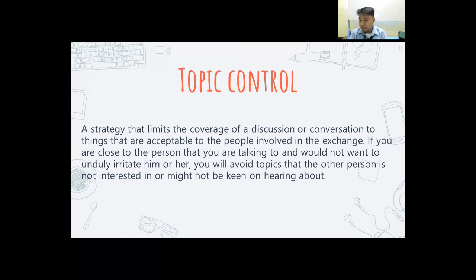When we're talking about topic control, it is already evident in the name itself. You are controlling the topics. You are choosing the most suitable topics for your conversation, so you need to choose wisely. You need to keep the interest levels of your listener, the person that you are talking to, constantly high.